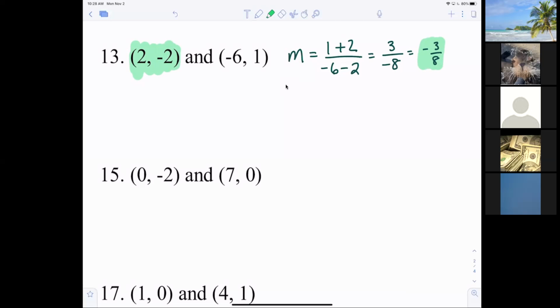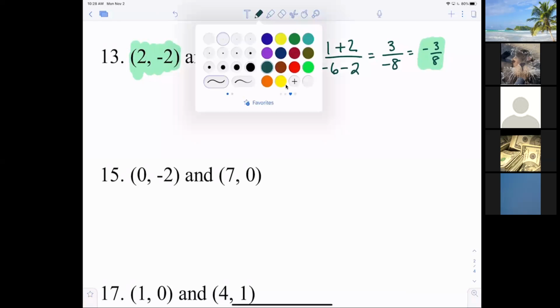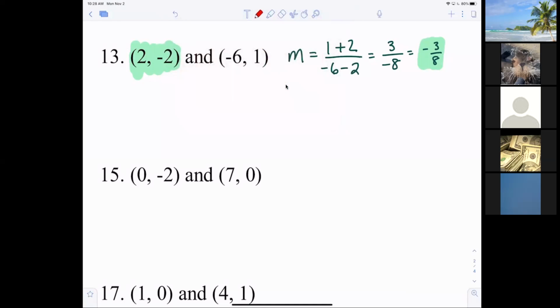You can write the equation in 10 seconds. All right, here we go. Y plus 2 equals negative 3/8 times x minus 2.